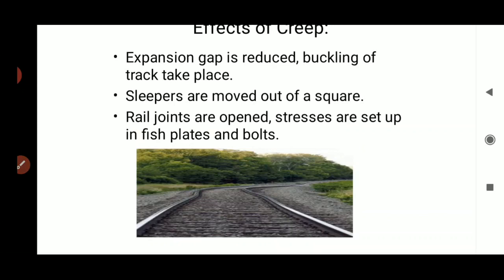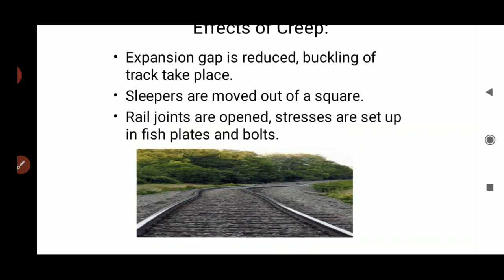Then the next point is rail joints are opened and stresses are set up in fish plates and bolts. The fish plates and bolts are used to connect two rail ends and to keep them in position.